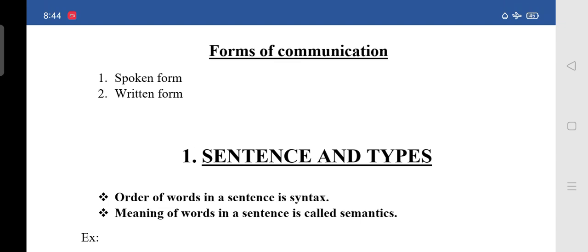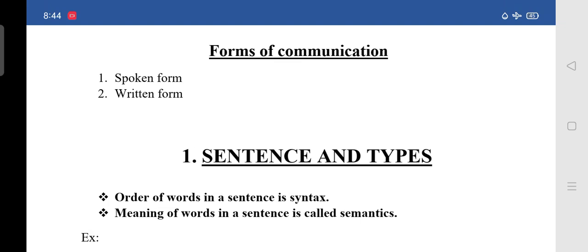Generally, now I'm explaining to you what grammar is, isn't it? So this is also a type of communication. It is a spoken form. I am talking and explaining to you, so that comes under spoken form. Whereas the other form is written form.